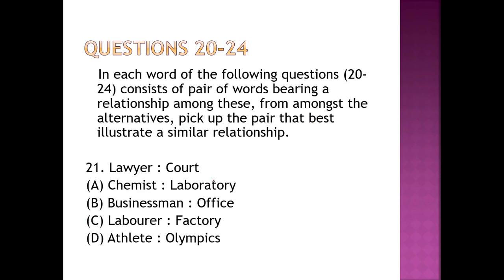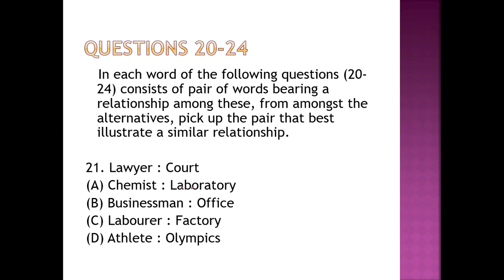Okay, so we have lawyer and court, chemist and laboratory, businessman, office, laborer, factory, athlete, Olympics. Okay, so, all right, yes, I think I spot the answer. Again, all of these are related.